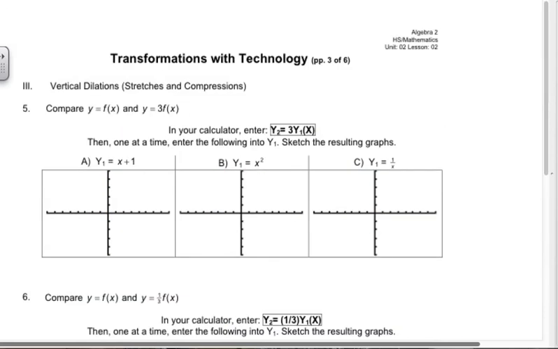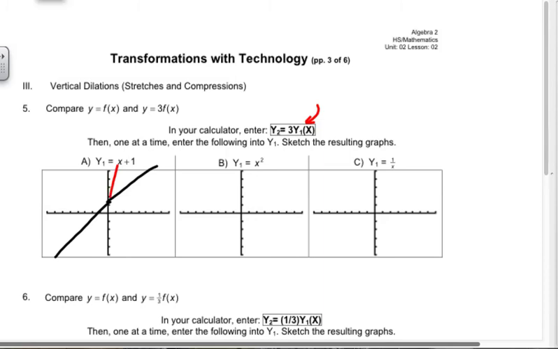Okay, so the last page I'm going to do for you, we're going to go in and take a look at vertical dilation. On this one, you're going to change your y2 to 3 times y1 of x. And again, we've got our parent here. Now, what happens is we're going to steepen this thing up.